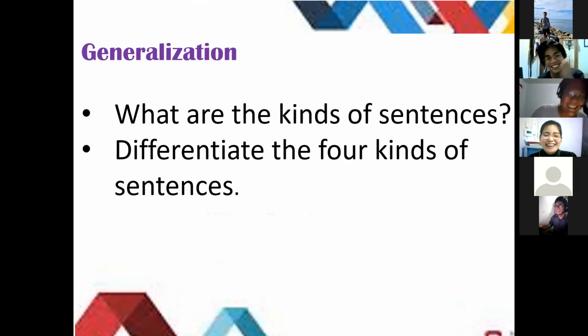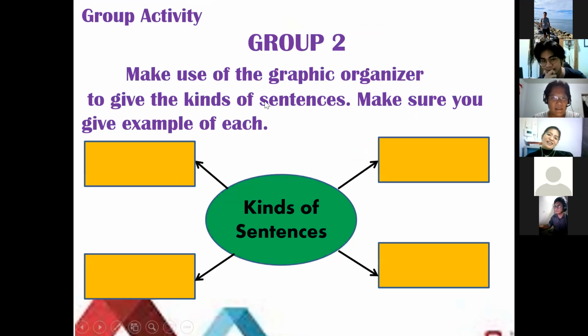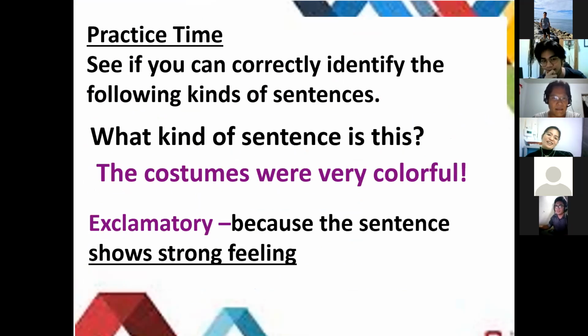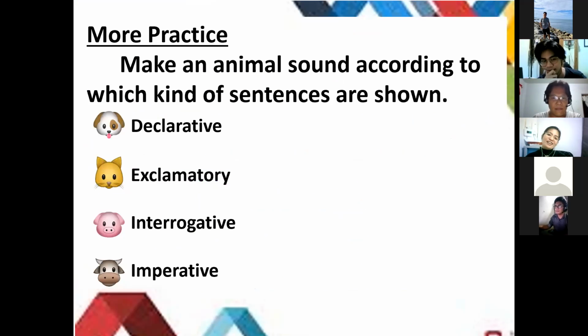Okay, so the four sentences. First, the declarative sentence is a sentence that just makes a statement.